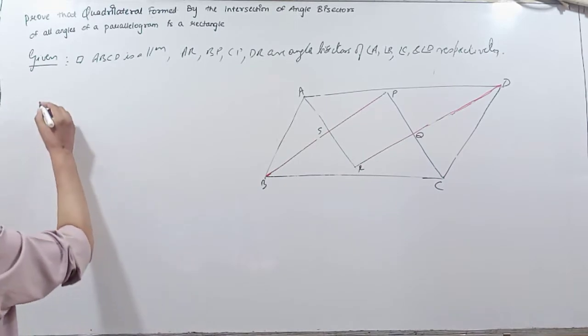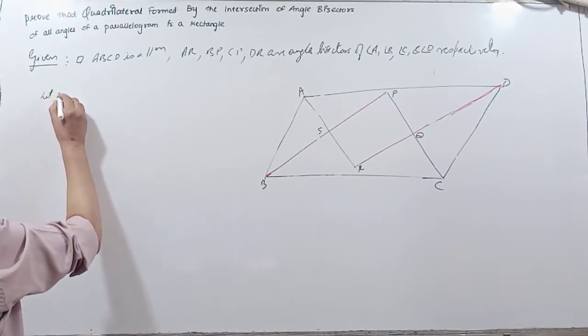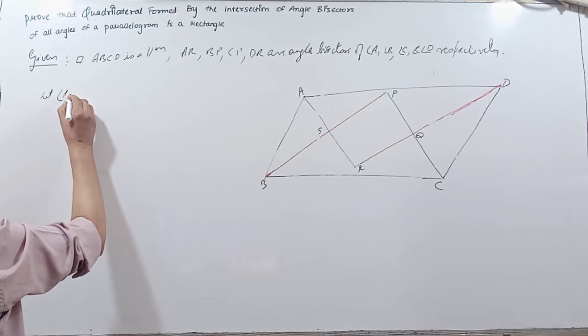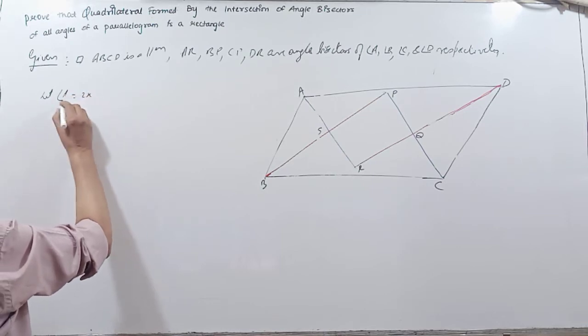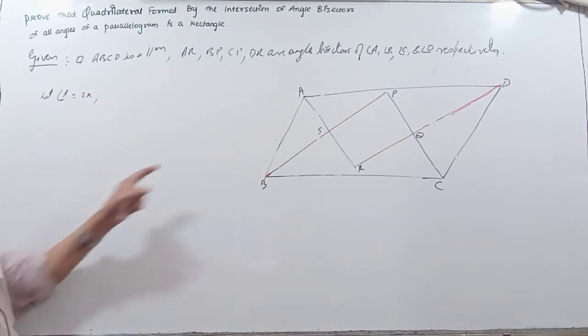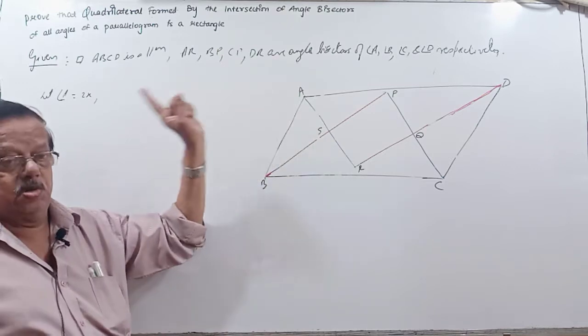Now, let angle A equal 2x. Whenever angle bisectors are there, you write 2x, not x.